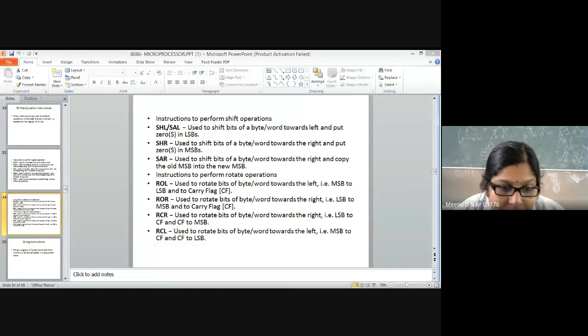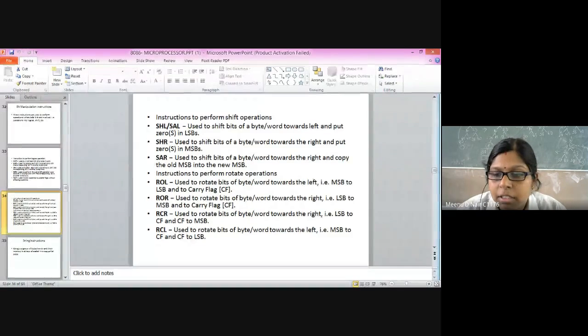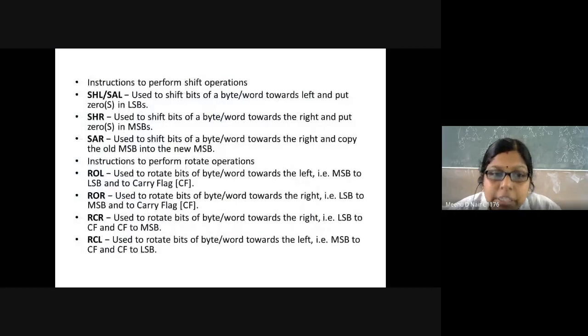No response? Okay, I got some response from A section. A and B as well. C section. Okay, let me proceed further. So this is the shift operation, right?